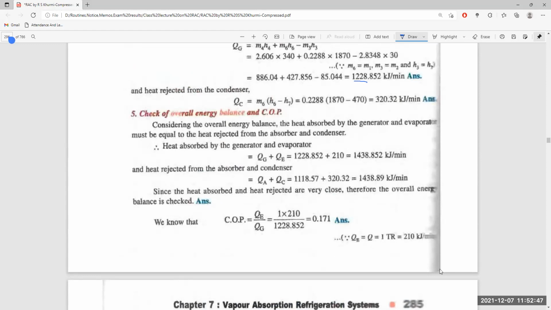Since the heat absorbed and heat rejected are very close, the overall energy balance is checked. And COP is QE divided by QG, which is 210 divided by QG, equal to 0.171. Both the heat absorbed and heat rejected are close to each other, so the overall energy balance is more or less accepted.